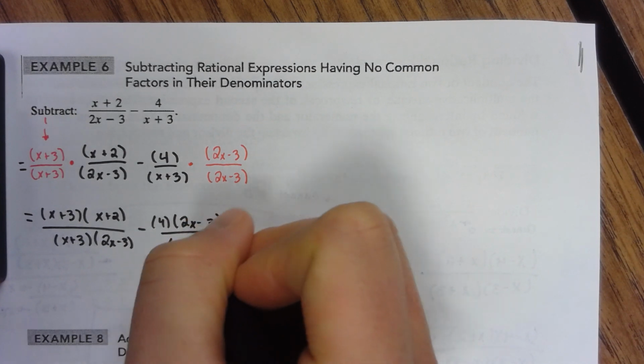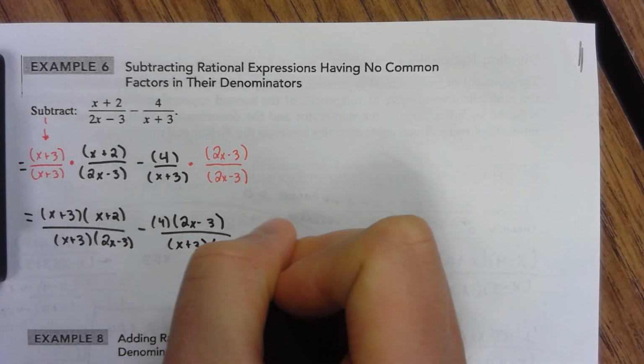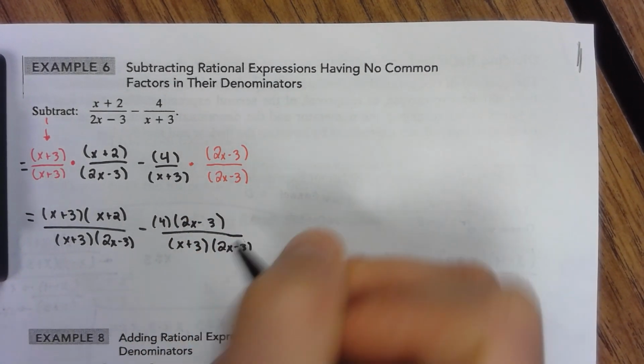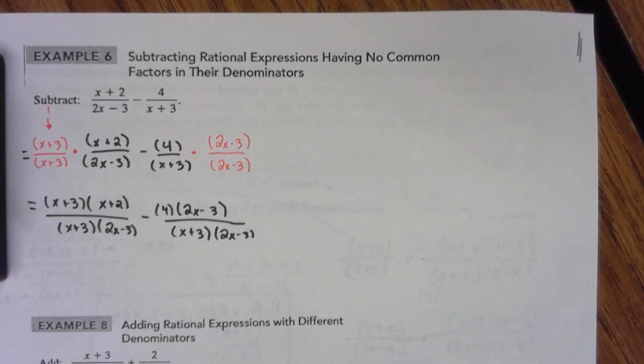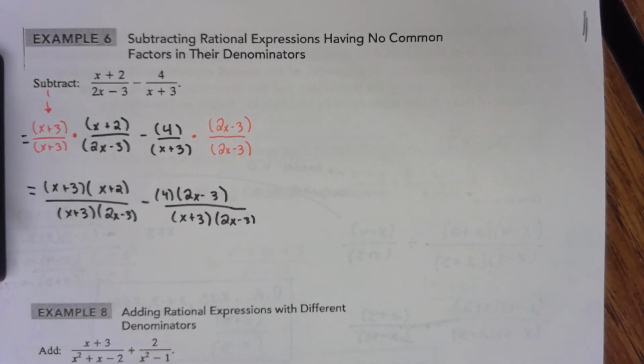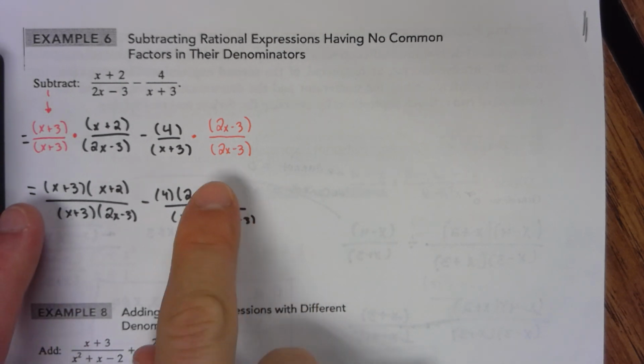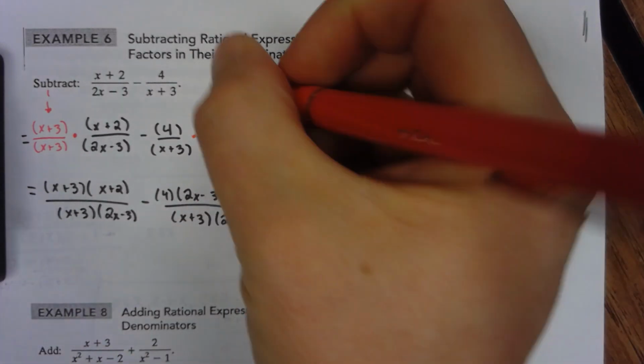And over the denominator, x plus 3, 2x minus 3. Okay, so that's just me multiplying each expression by 1 to get the common denominator.